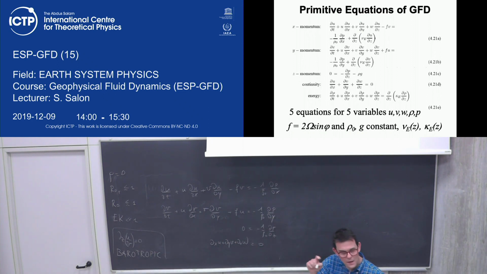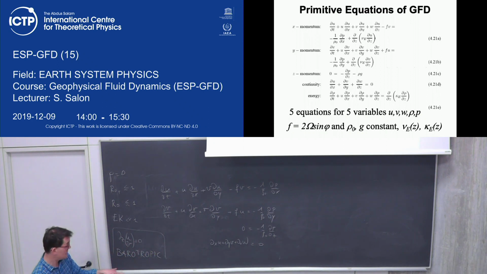When you hear about barotropic instability, the attribute barotropic always deals with the fact that you don't have any change in the vertical.